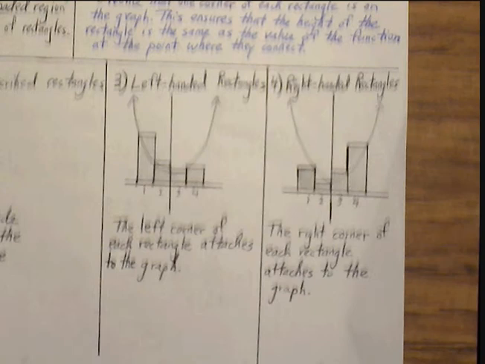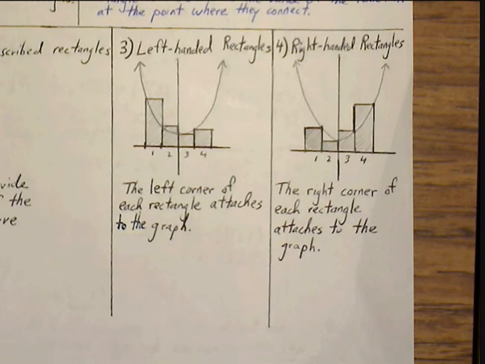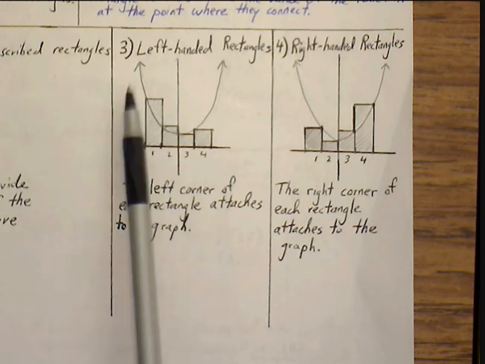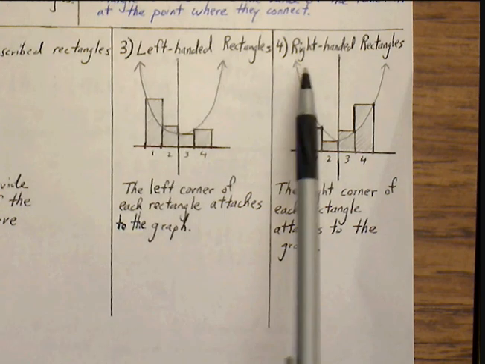These next two are the most common ones that you're going to see with AP problems especially. They're dealing mainly with left-handed rectangles and right-handed rectangles.